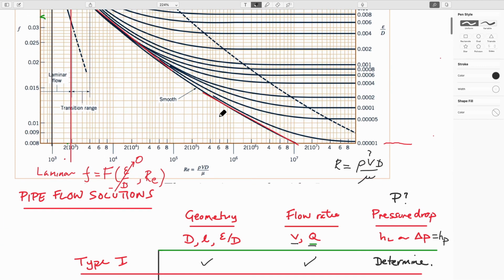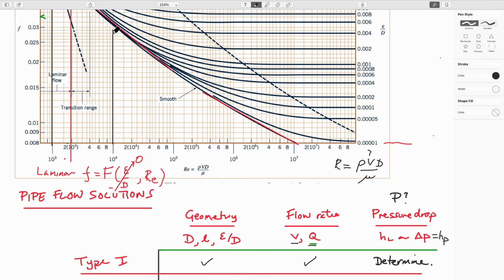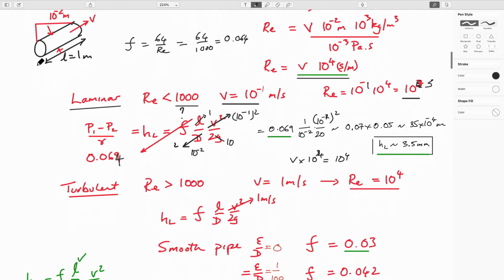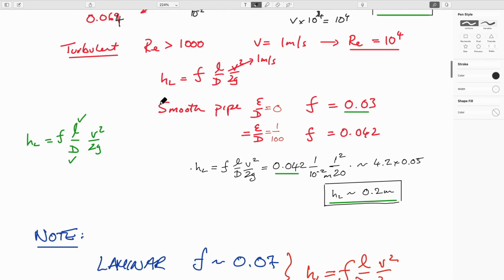If it's a smooth pipe, then what do we get? We get this, 0.03, that may be the number that we use. So this would be the number here. If the velocity now is equal to 1 meter a second, this is the magnitude here. This value is 9.81 meters per second squared.